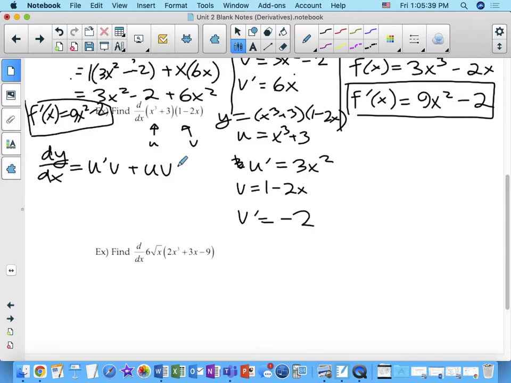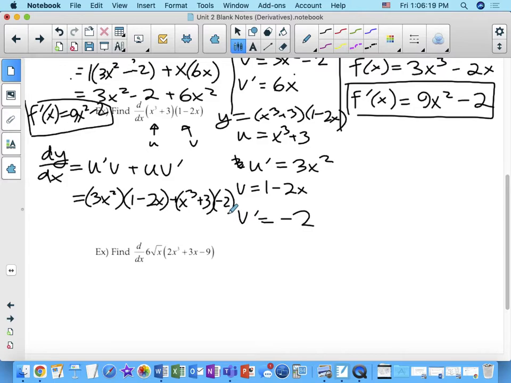Okay, and of course, when I derived it, these were in the opposite order. Again, it doesn't matter because when you're adding two things, 2 plus 3 is the same as 3 plus 2. Okay, so if you wrote it as u v prime plus u prime v, that's fine too. This is, u prime is 3x squared times v is 1 minus 2x plus u is x cubed plus 3 times v prime is negative 2. Okay, and then we just need to expand.